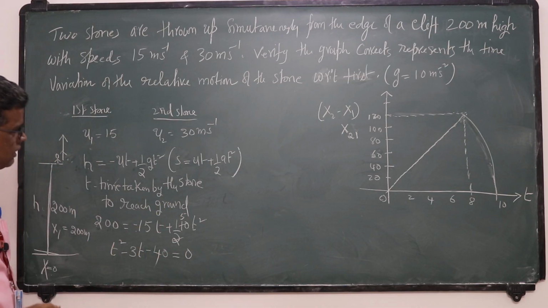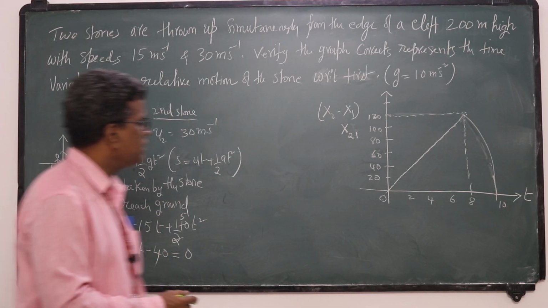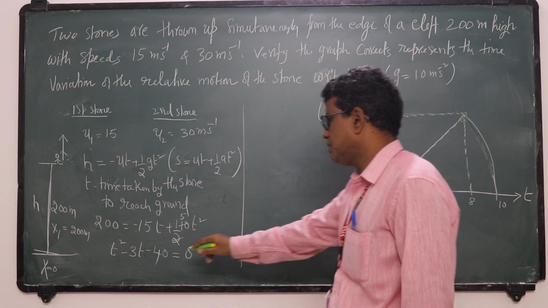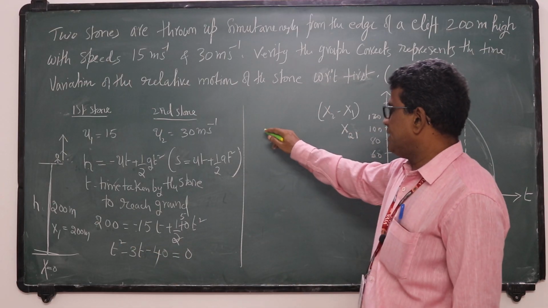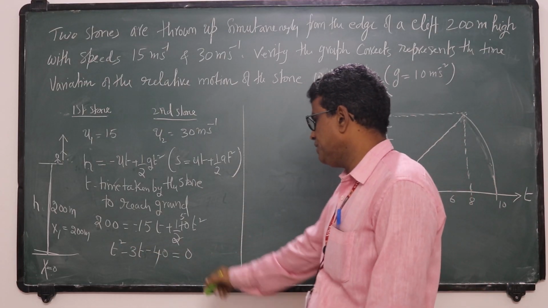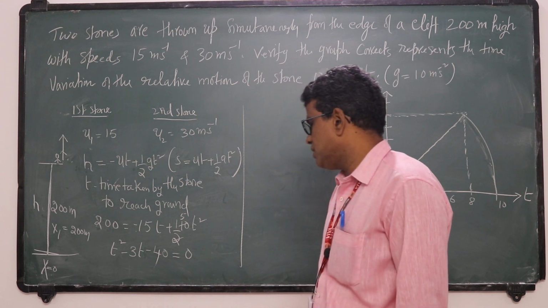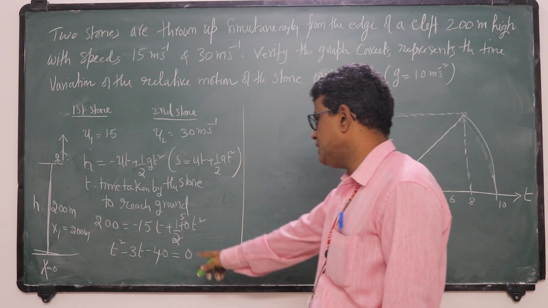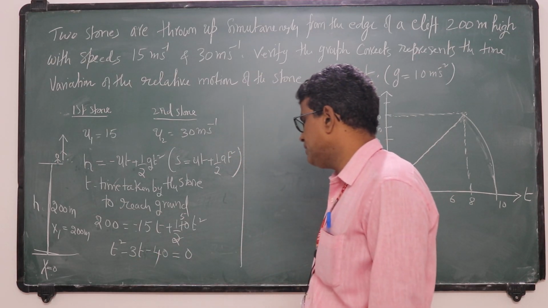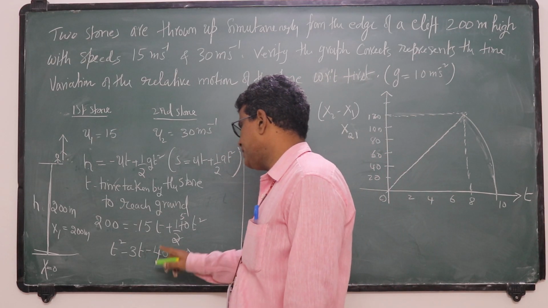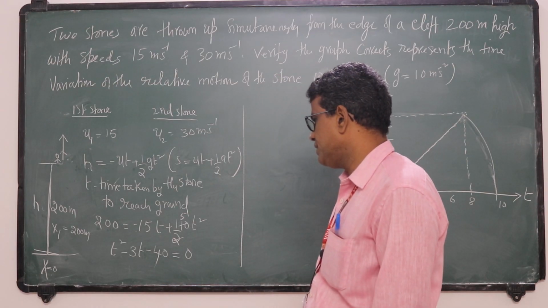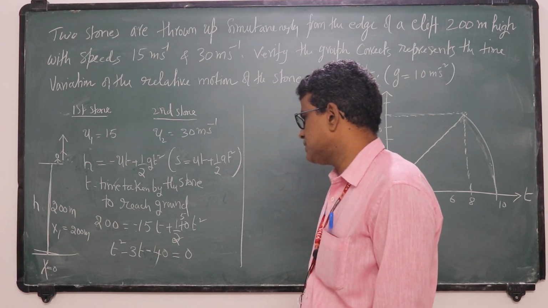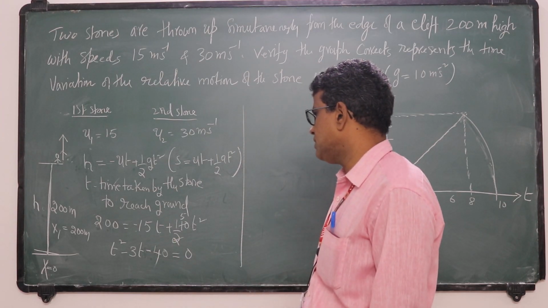So this is a quadratic expression in t. How much time will it take? You simplify this. Do you have any roots for this? 40 and 2, 40 and 3. So multiply 8 and 5. 8 fives are 40.